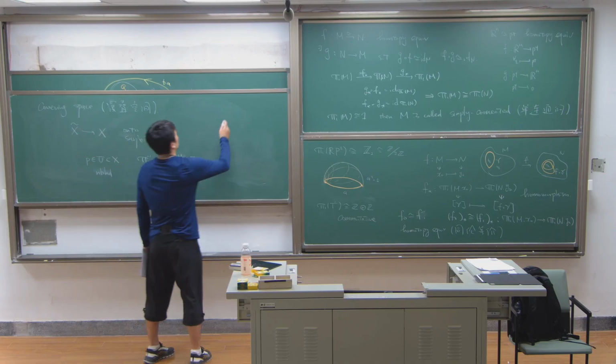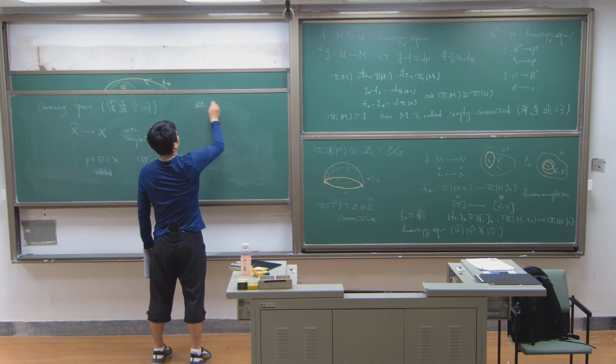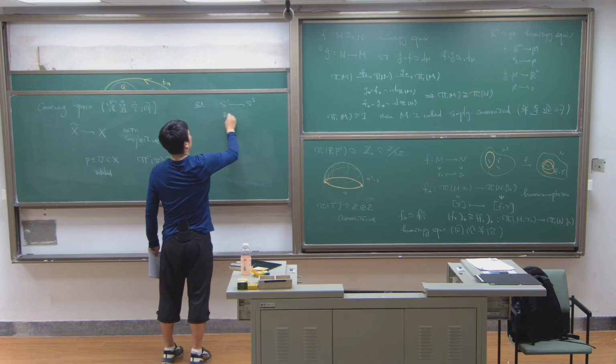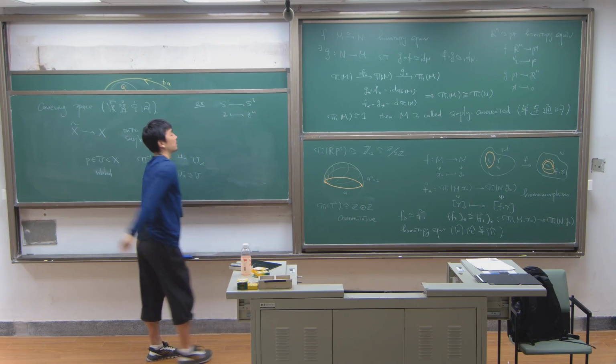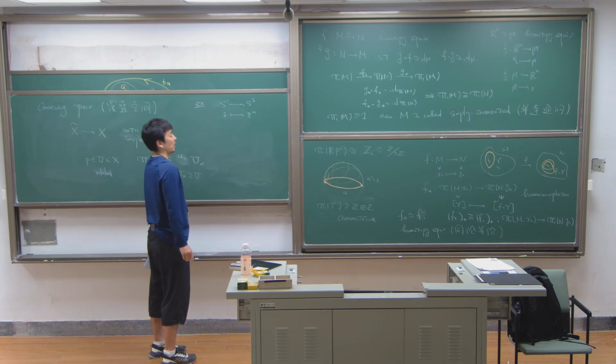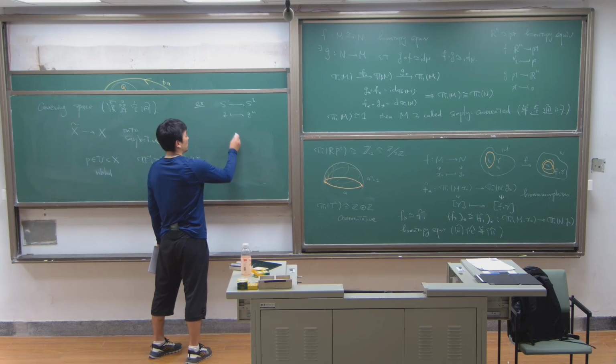So for instance, example, S1 to S1, or Z mapped to Zn, like this way.